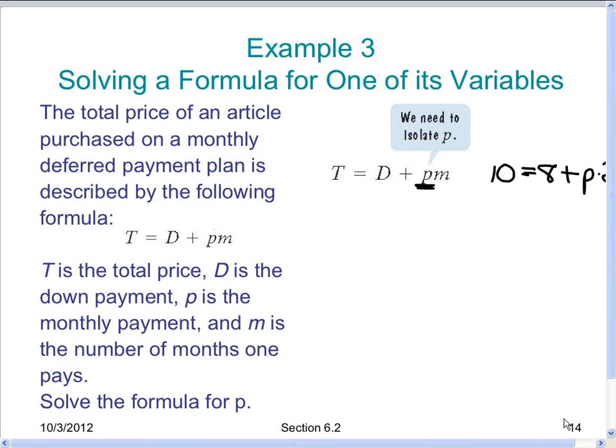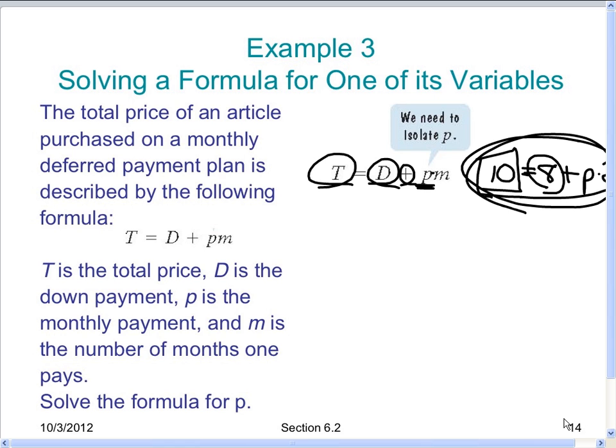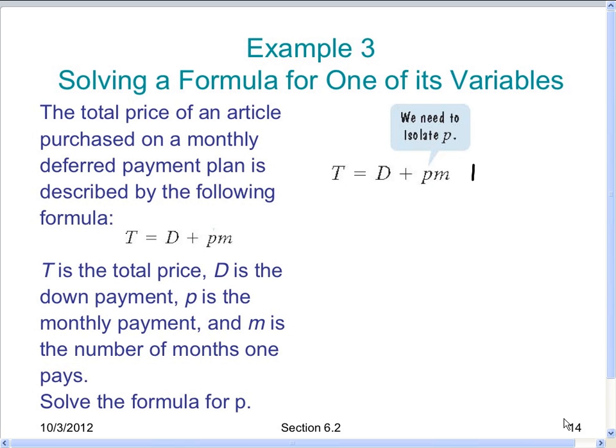Notice that the t is in the same place as the 10. The d is in the same place as the 8. I still have the plus. I still have the times. So, how would you solve this equation? Well, you'd get p by itself. How would you get the p by itself?